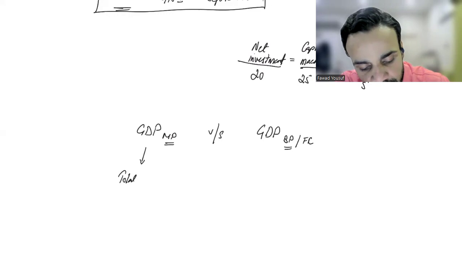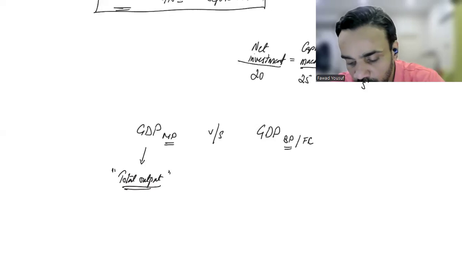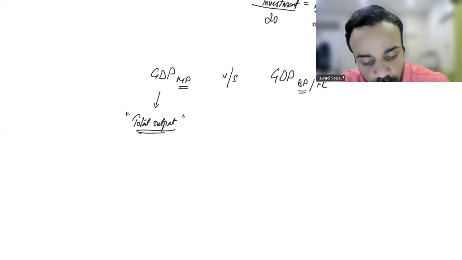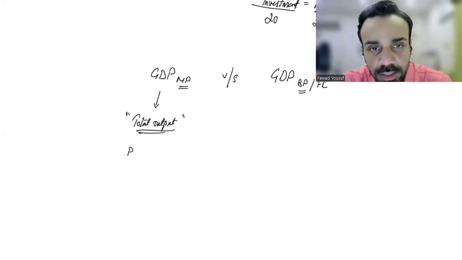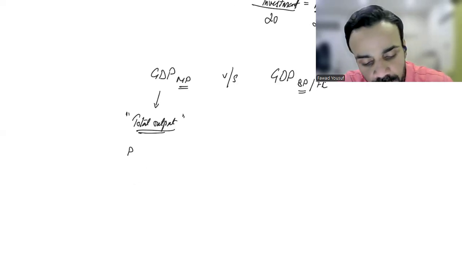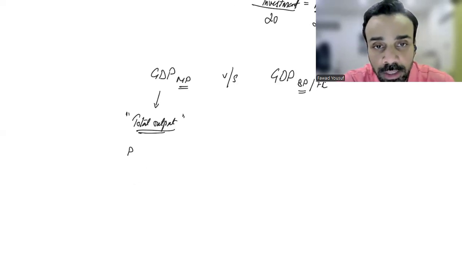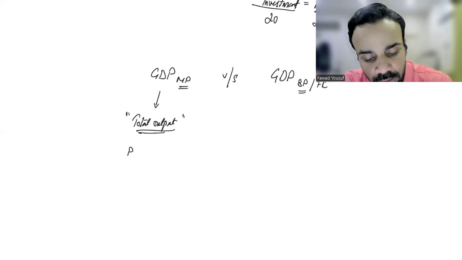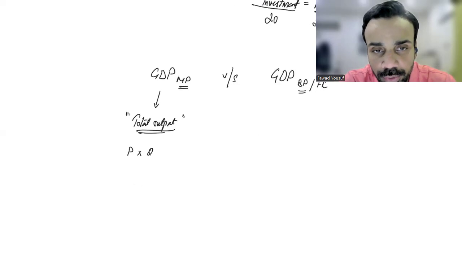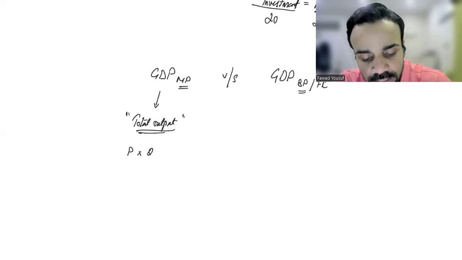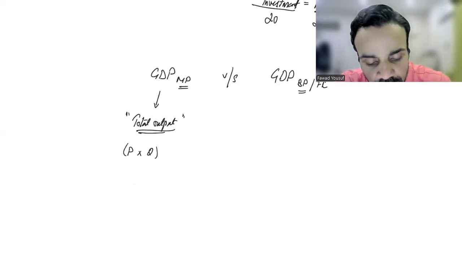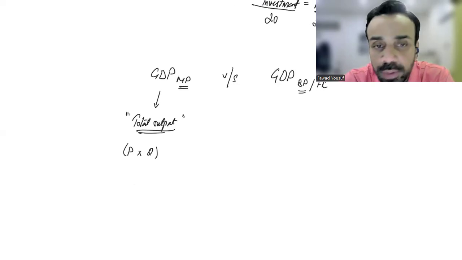You see, we used the total output method, and in the total output method what we did was we took the current price of a Toyota Corolla at which it got sold in the market, and we multiplied it with the number of Corollas that were produced. So that gave us a total value of Toyota Corollas being produced in the country.